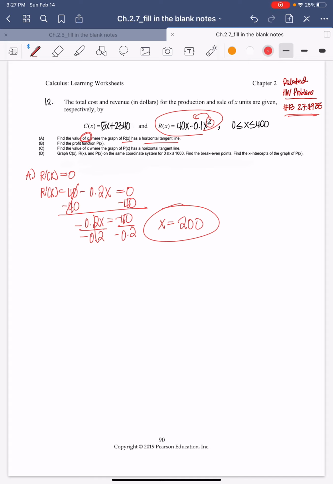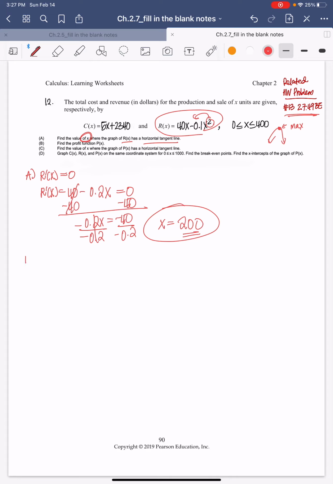So when x value is 200, in other words, 200 units are sold, you are having that horizontal tangent, the vertex, in other words, max value, because this is a facing down parabola. So in the 2.5 video, I show you how you use the calculator to check. So this is the max parabola. So that will be the max production. How many? 200.